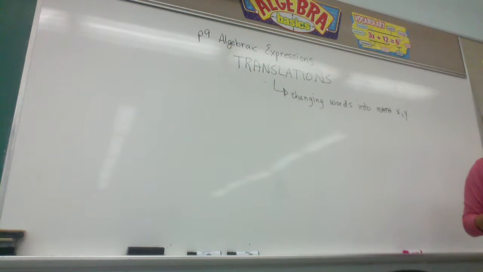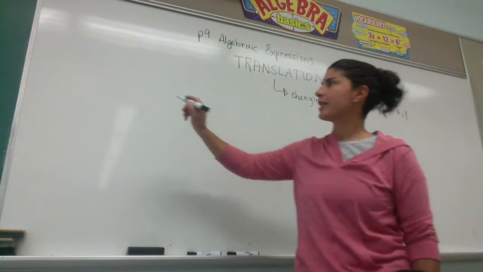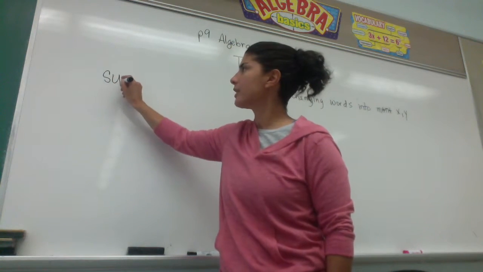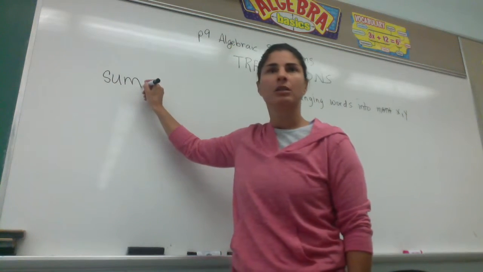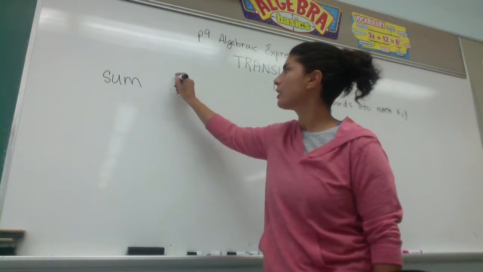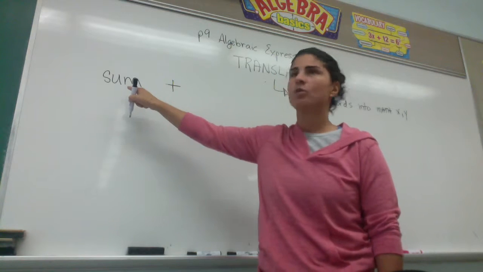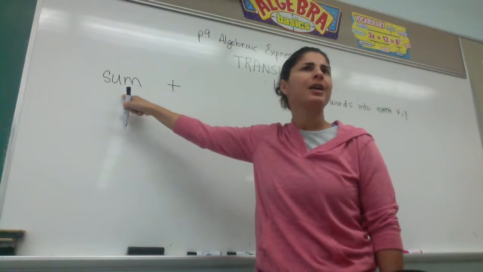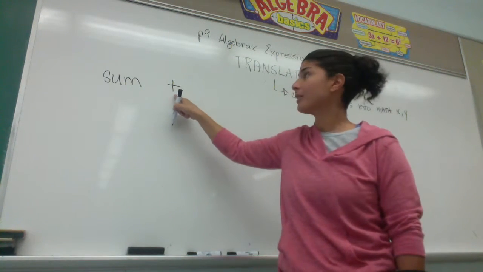All right? So the first thing that you need to know is a little bit about the language of math, and a lot of you know some words. For example, when we use the word sum, we mean to add. So it's a plus sign. This is the English word, and the symbol that we use for math is plus.